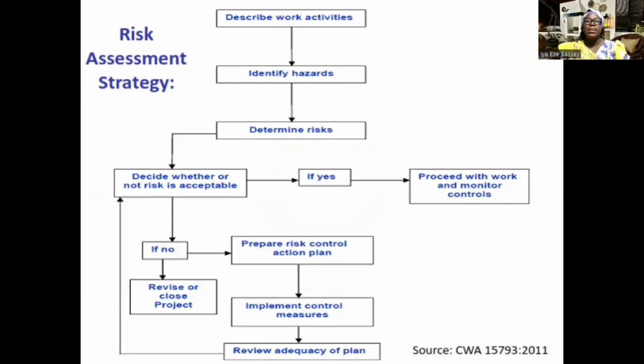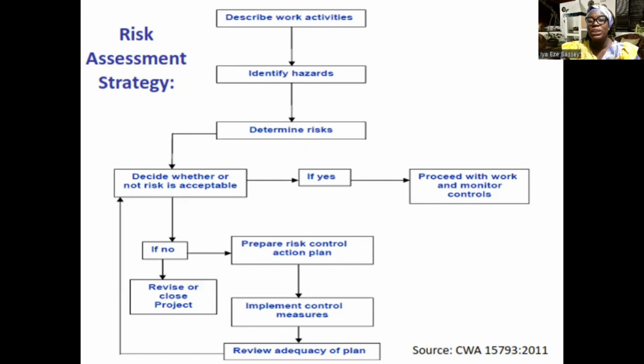So this is a diagram that describes your risk assessment strategies, starting from describing your work activities to identifying the hazards. You should also be able to determine the risk. If you do that, you have done what is called your characterization. Then you decide whether or not it is acceptable. If it is acceptable, you proceed with your work and you monitor. If it is not acceptable, you can choose to do two things, actually.